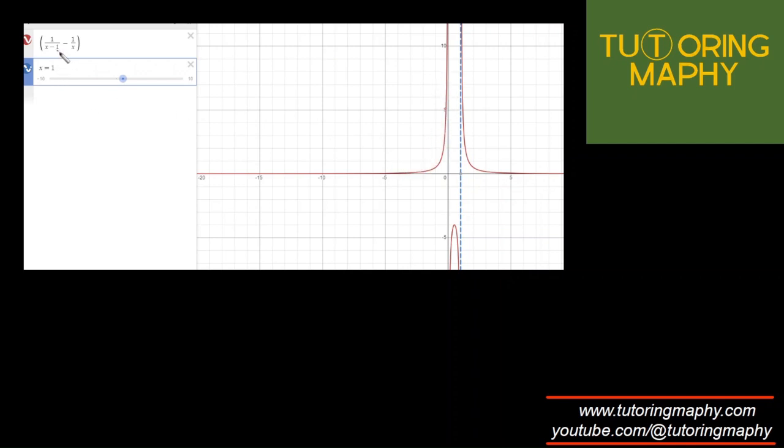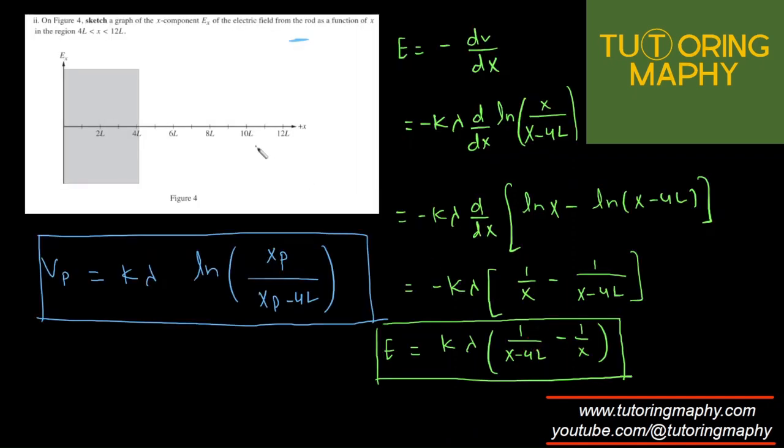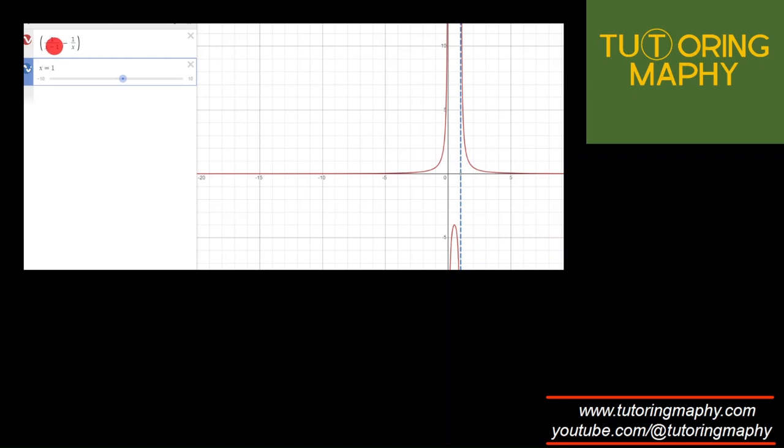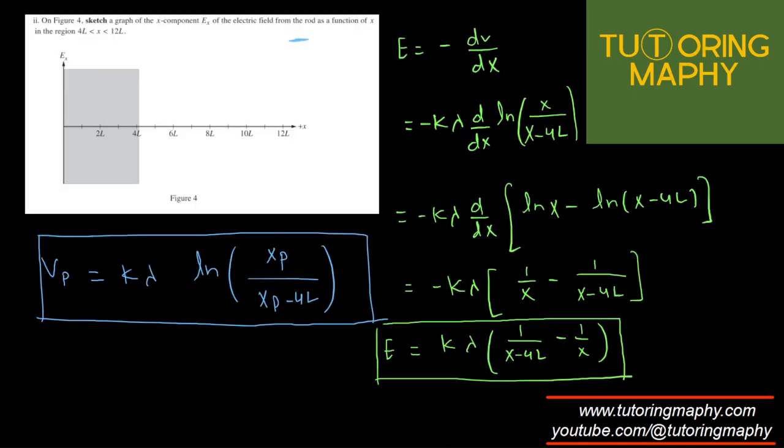And since we are interested in x greater than 4l, as they have mentioned over here, I need x greater than 1. So I drew a line as well, x = 1, which is over here. Now you can see the only portion which we are interested in is this. And it makes absolute sense that x = 1 is a vertical asymptote. So it will go in this fashion, rectangular hyperbola kind of.